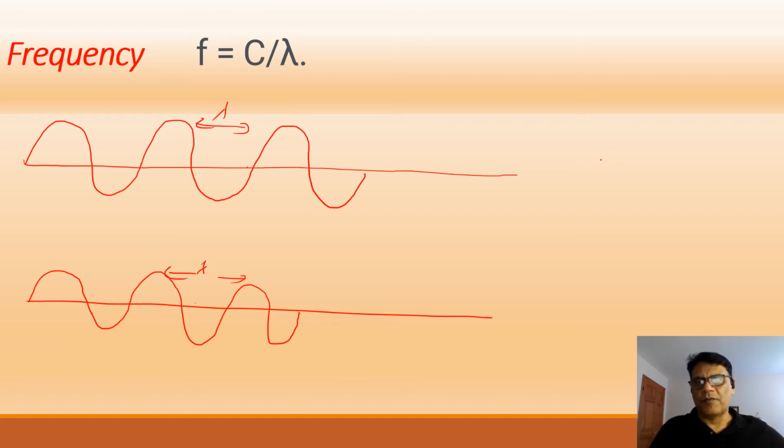Now, here is a specific point. Apply a time of 1 second, start a stopwatch and let this pulse pass through this specific point in 1 second. It's a larger pulse, so it takes longer time to cross this point. So maybe only 2 cycles may be able to pass in 1 second.